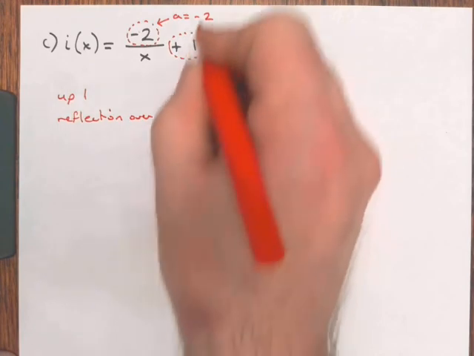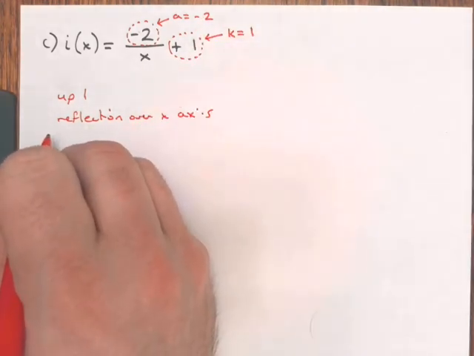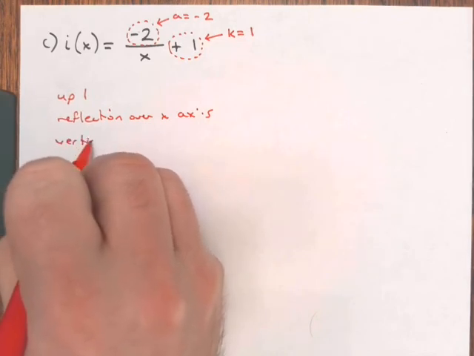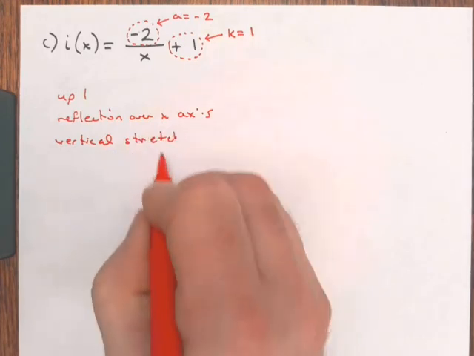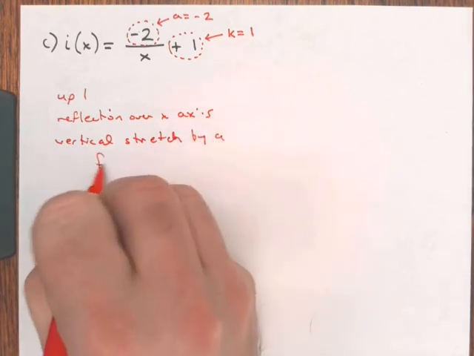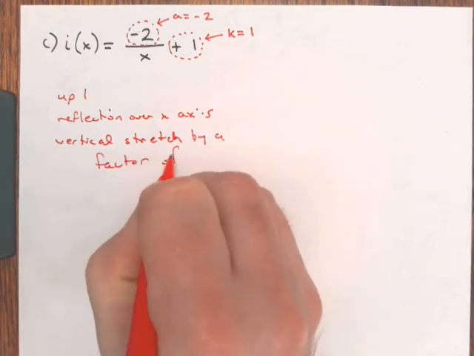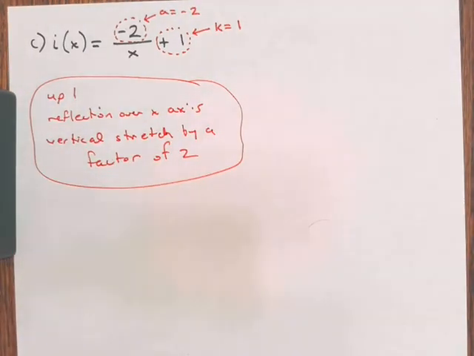And then also it is going to have a vertical stretch. It's going to be steeper. Specifically, it's going to be a vertical stretch by a factor of 2, meaning it's going to be twice as steep. So those are our transformations on this one.